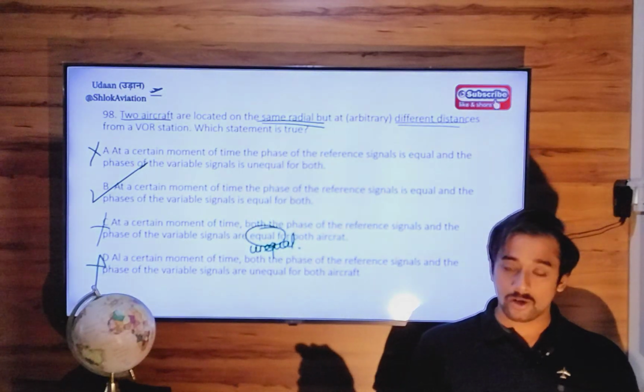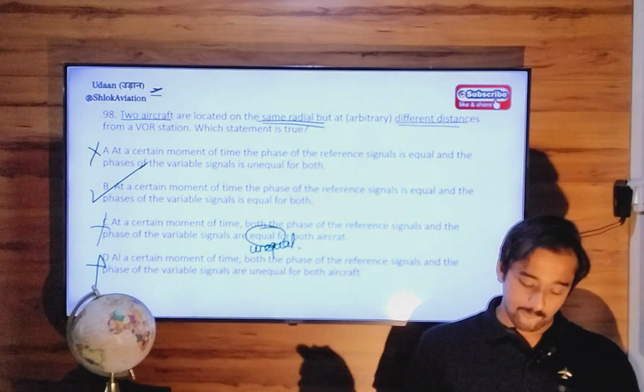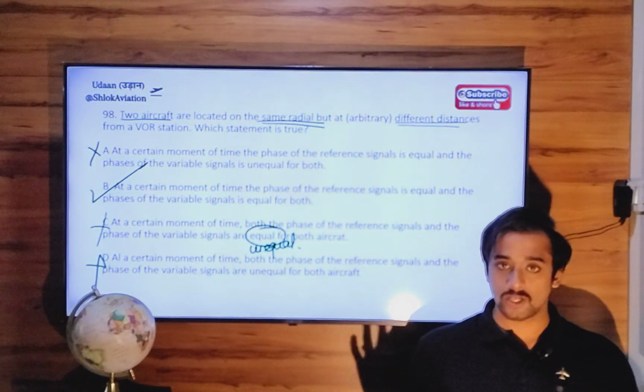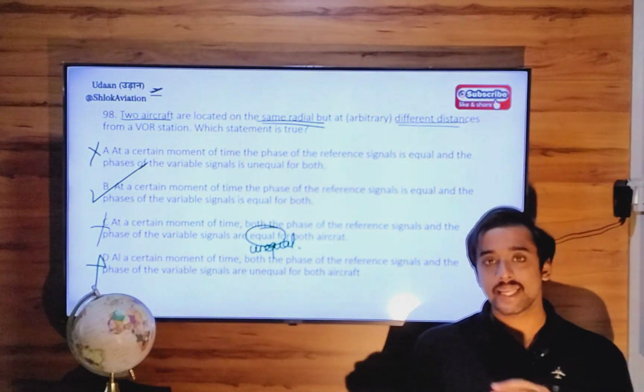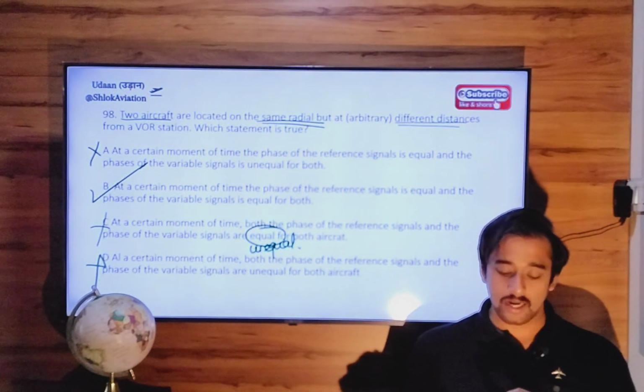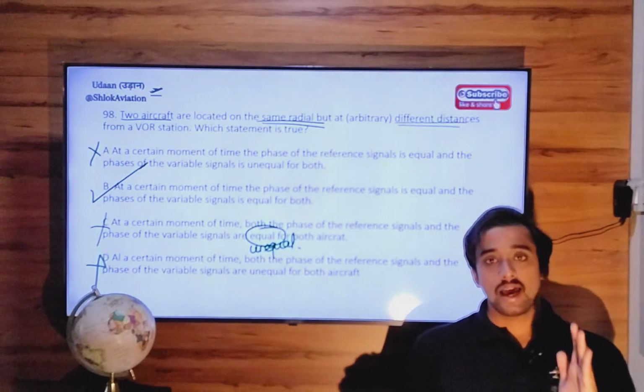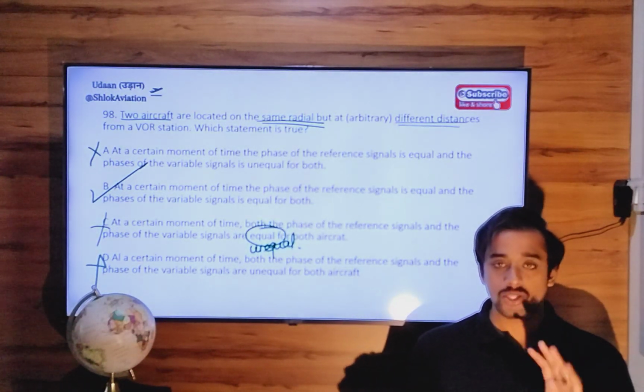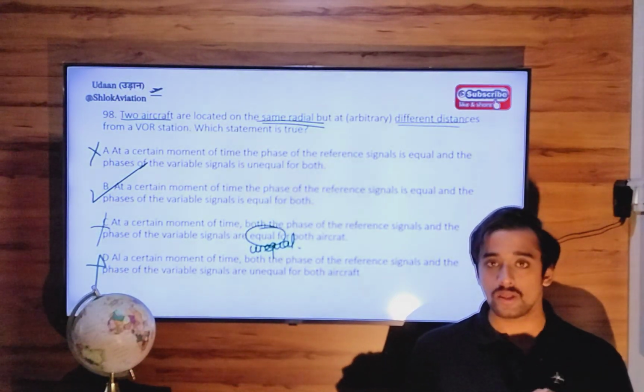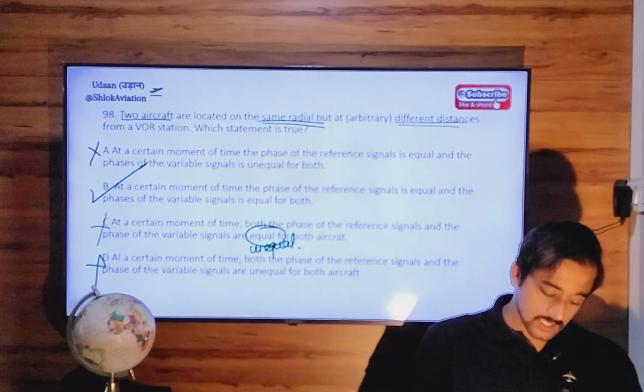There is some printing error, but option B will be the correct one. You have to select the option which states that the phase of the reference signal as well as the phase of the variable signal are going to remain the same for both aircraft. Okay, so this is the concept.